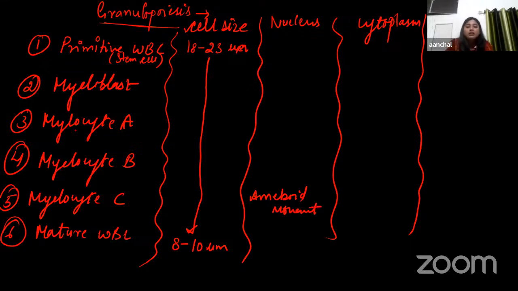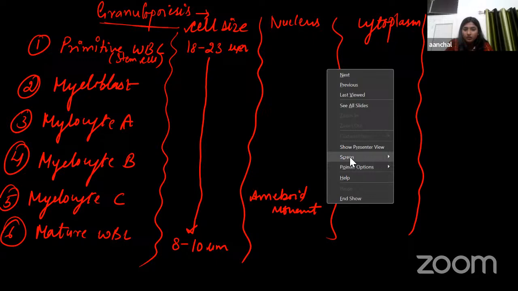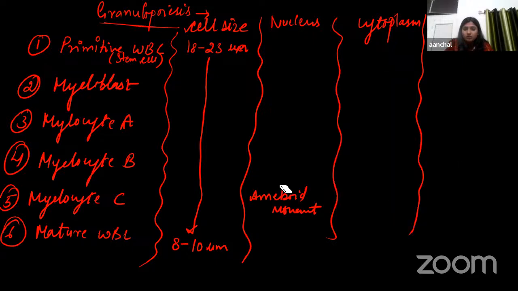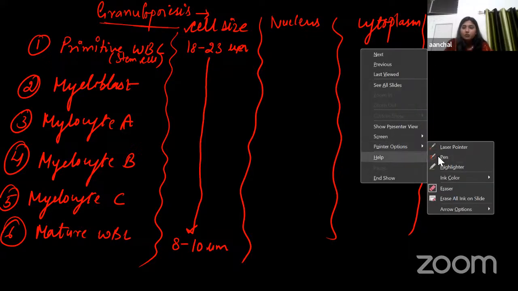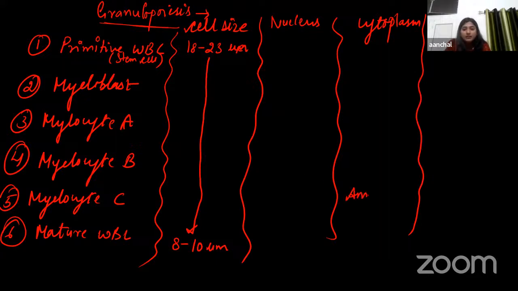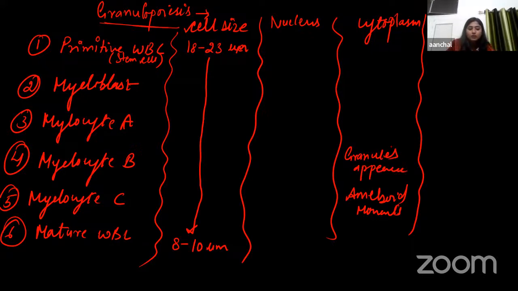And there will also be appearance of some granules, and the granules will appear in the stage of myelocyte B. Also, as the size of the nucleus decreases, the size of the cytoplasm will increase as the stages proceed.